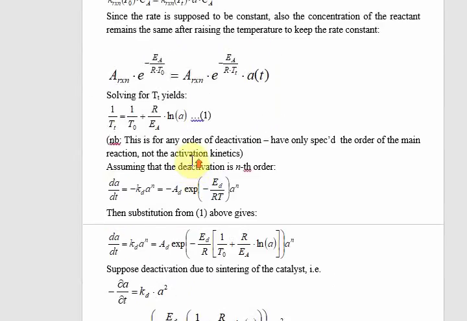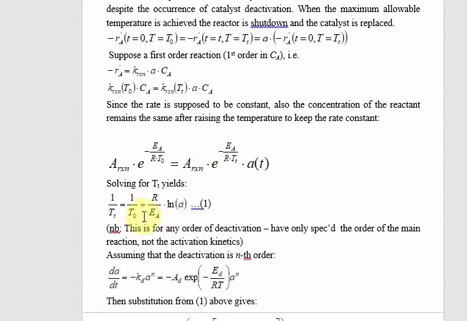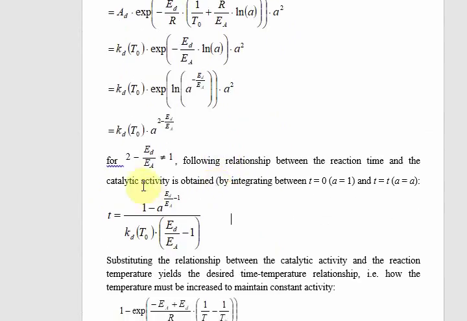And of course, if you have that, then you've got this expression here, equation 1. So we can just stick in activity. So for any time in the future, we can work out the activity, get the value there, and that will tell us what temperature we need to apply to get the same initial rate for that reactor. So that's all we do.